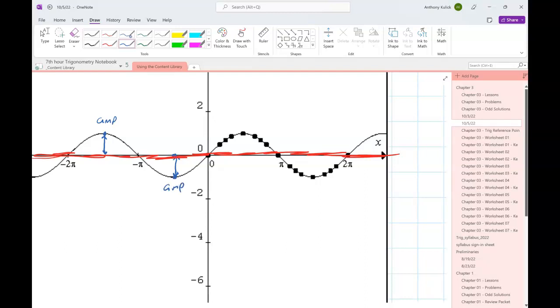What's the amplitude here that we're seeing? It's 1, right? If I trace this point over, it looks like it's at y equals 1. Everybody's cool? It doesn't matter whether you use a maximum or minimum.